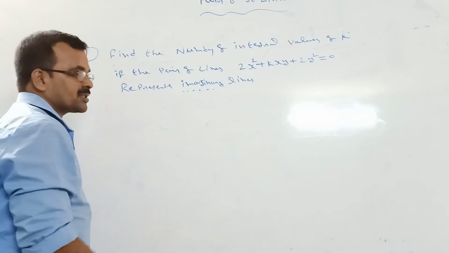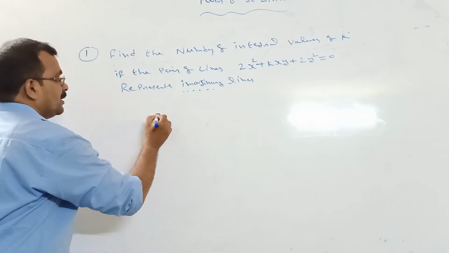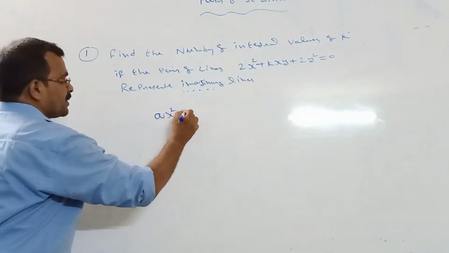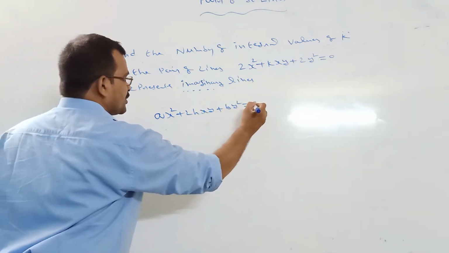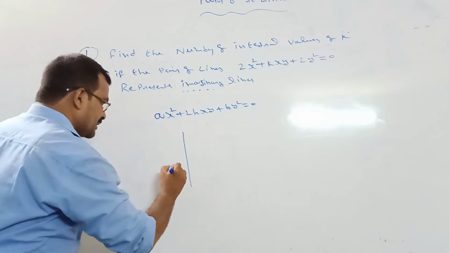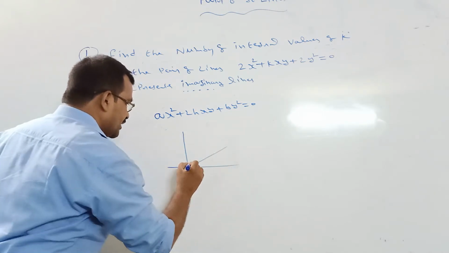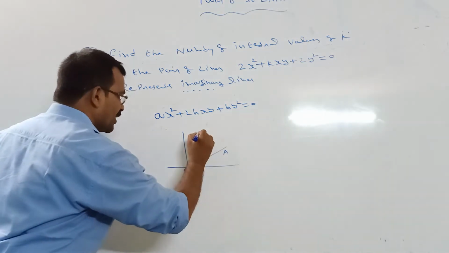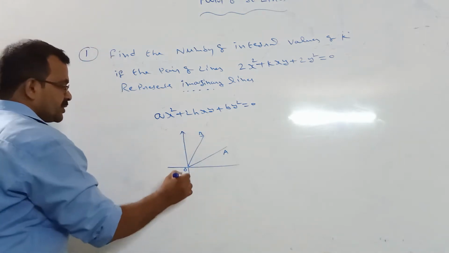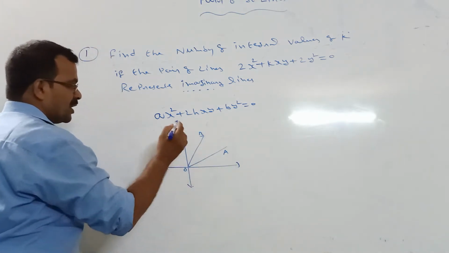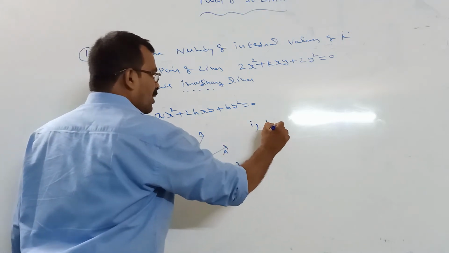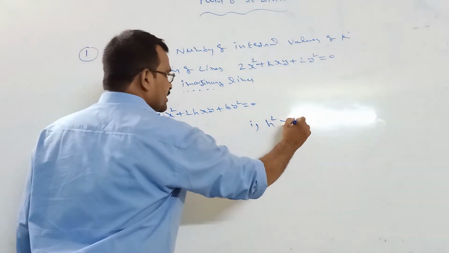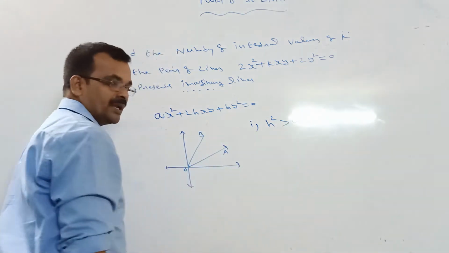So we have the concept. If ax square plus 2hxy plus by square equal to 0 represents two distinct lines passing through origin, then we have the condition h square greater than ab.